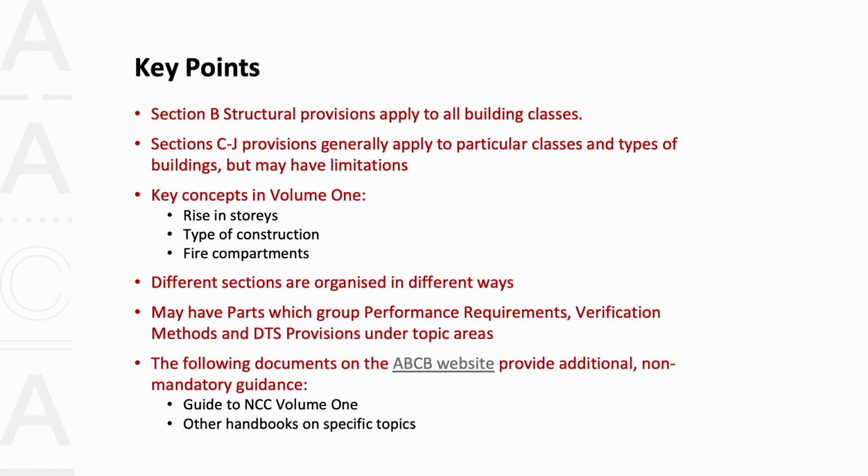Key concepts in Volume 1: rise in stories, type of construction, fire compartments. Different sections are organised in different ways, and they may have parts which group performance requirements, verification methods, and deemed to satisfy provisions under topic areas. The following documents on the ABCB website provide additional non-mandatory guidance, and I'll link across to these in the guidance elements for the ABCB website.